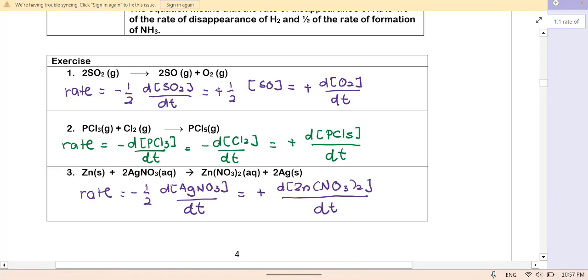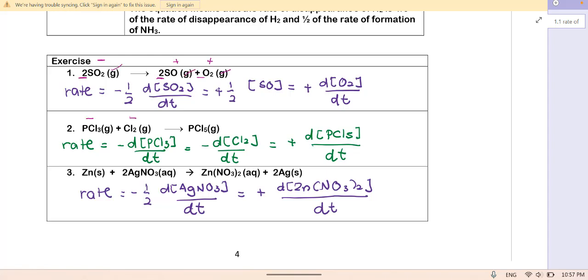So we look at this exercise. We need to write down the differential rate equation. This is the reactant. Reactant will be negative, product will be positive, and then we consider the stoichiometric coefficient. If the stoichiometric coefficient is 1, there is no need to write anything. We consider gas and gas.